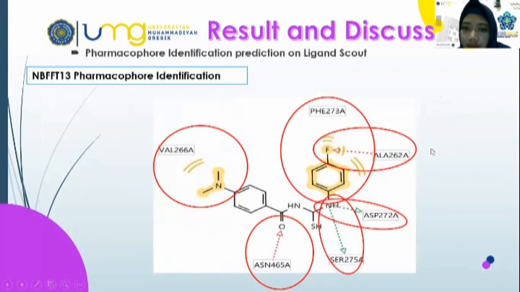The third one is electron interaction: this is electron accepting, and this is electron donor for the aspartate and serine amino acids, the strong electrophilic and lipophilic, and the last one is electron accepting from amino acid ASN 465A.